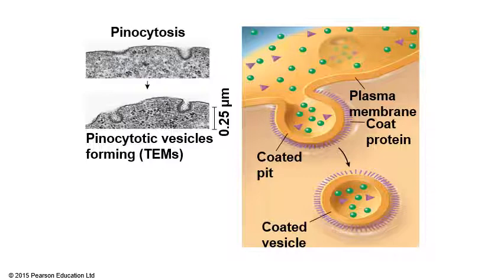They surround the liquid part, which can be a mixture of many materials and molecules, so it is not very specific what they drink. And for very specific material, a very specific cell can take it in through receptor-mediated endocytosis.